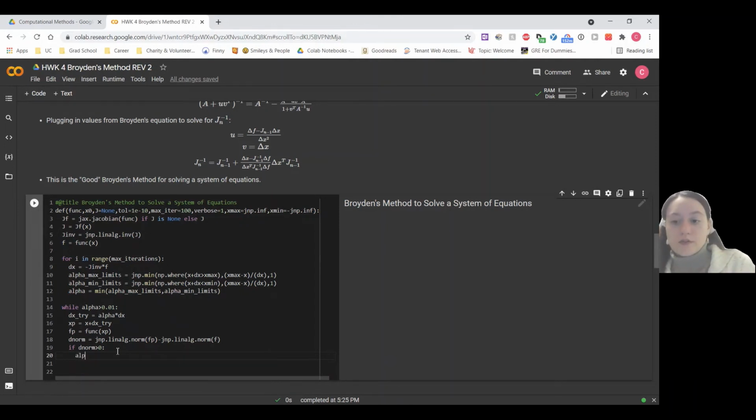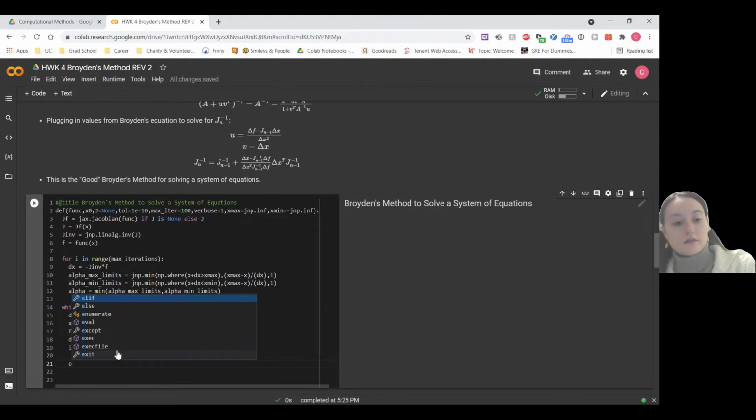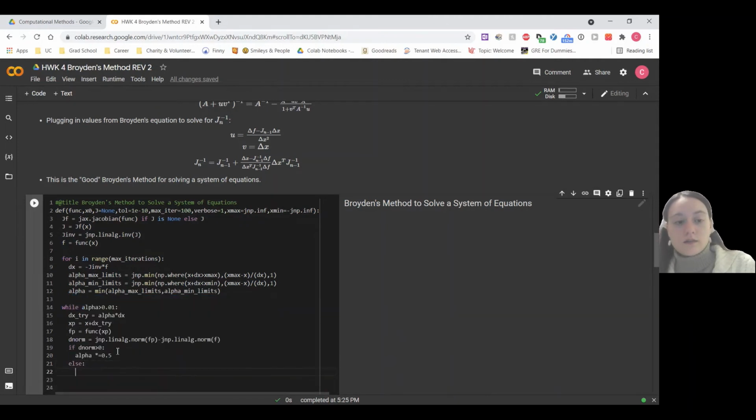So we need to make alpha smaller. So alpha will be half of the previous alpha. Otherwise, though, if we're going in the right direction, then we want to leave that if loop, or that while loop, because we don't want to change alpha anymore.